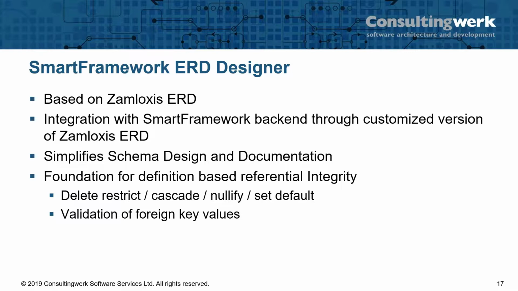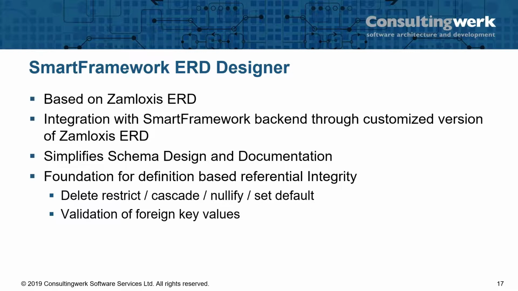For the design of the whole database, we have integrated a standard ERD diagramming tool for the OpenEdge database called Salmoxis, and that allows us to look at the bigger picture, do the database diagram, and this also supports some functionality that we have in the framework.